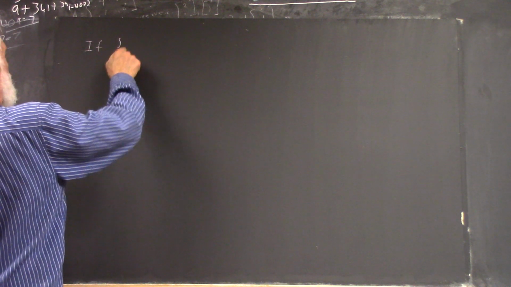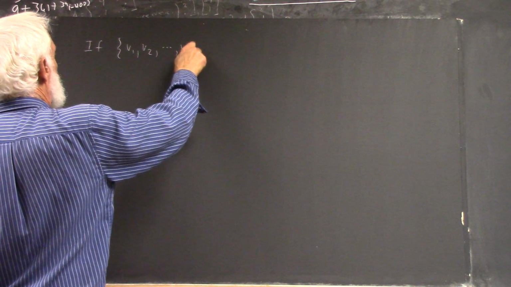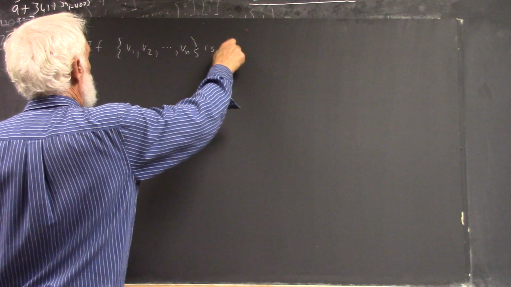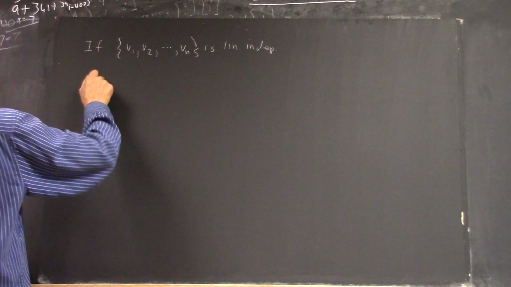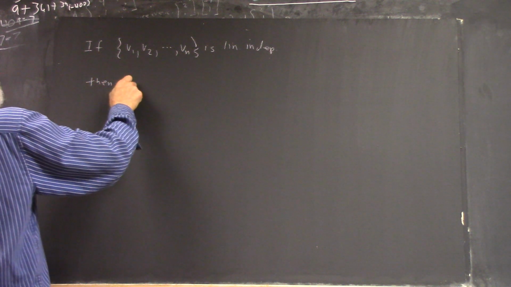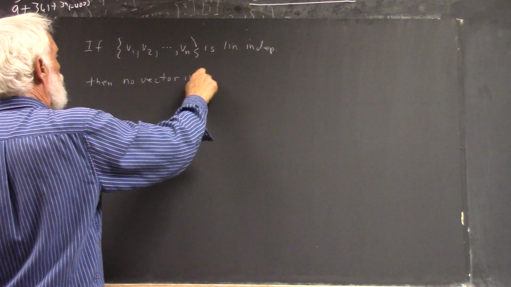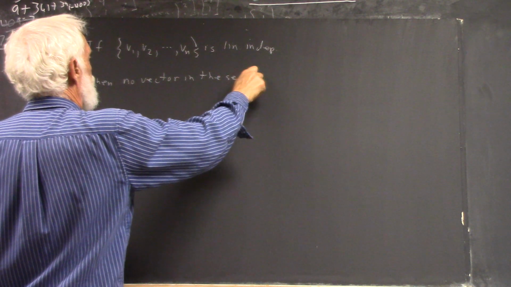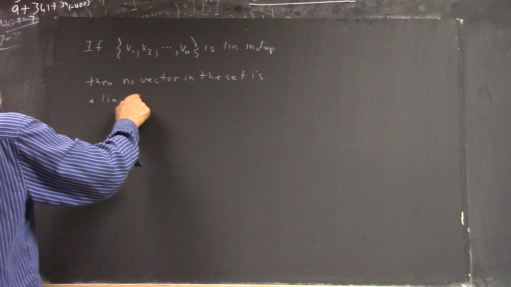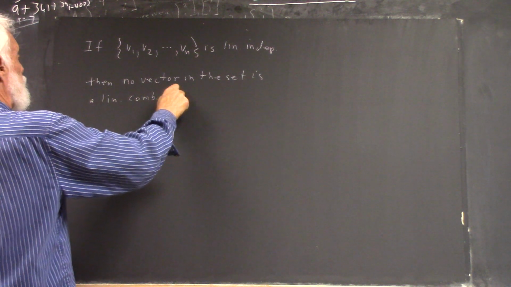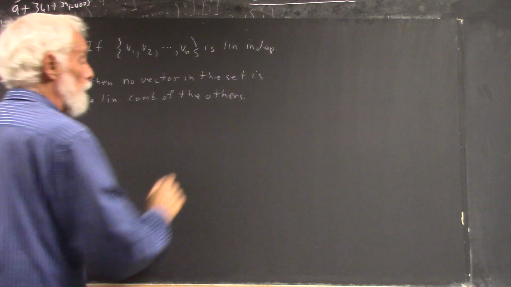And I want to say if the set is linearly independent, no vector in the set is a linear combination of the others.